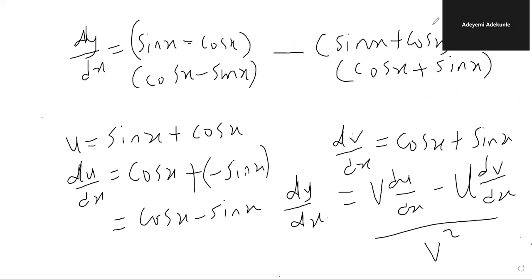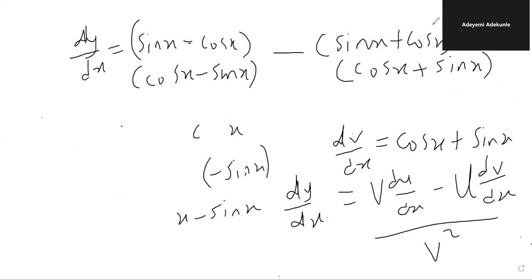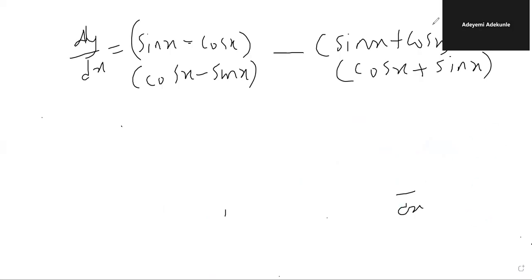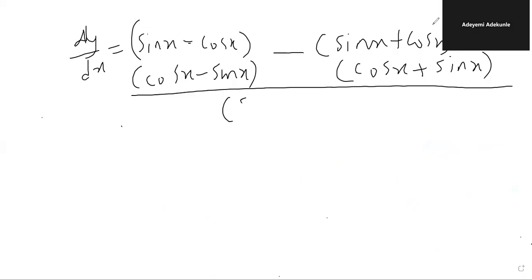Then everything over our v squared. And what's our v? The v is sine x minus cos x, all squared.